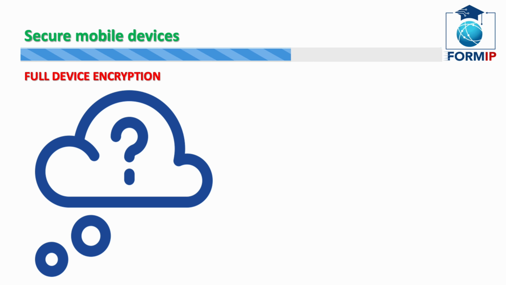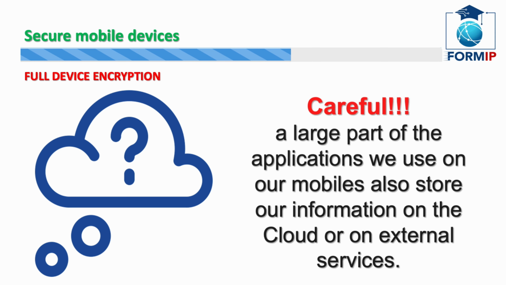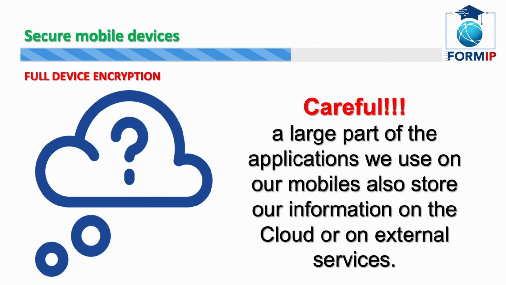We have to be careful because a large part of the applications we use on our mobiles also store our information on the cloud or on external services. In this case, the data on your phone will be encrypted, but this does not guarantee that it will be encrypted on the service used.